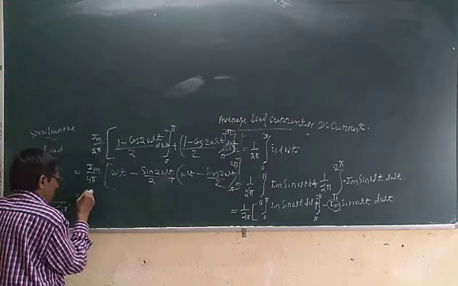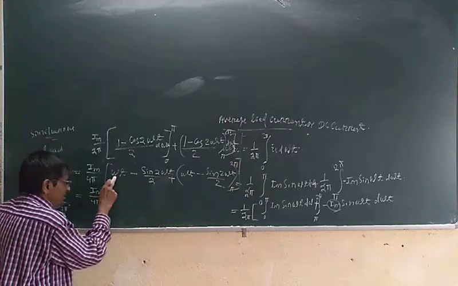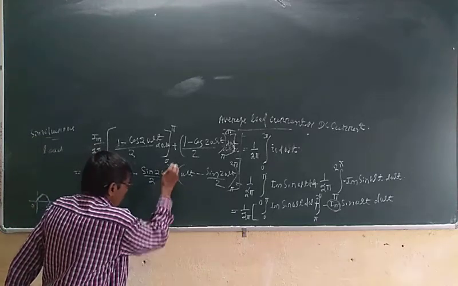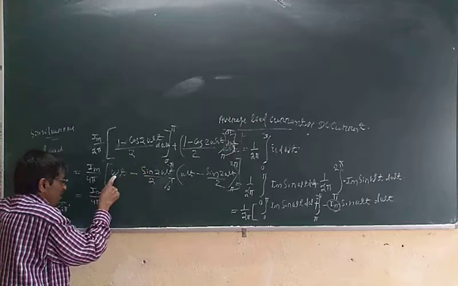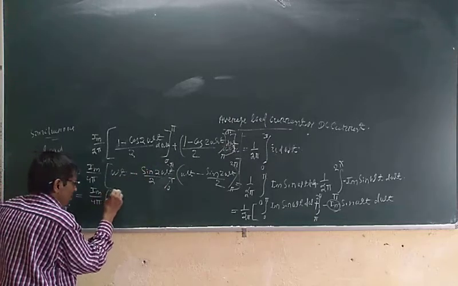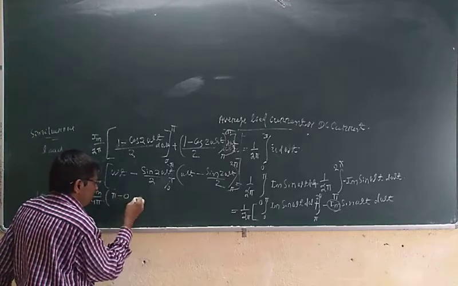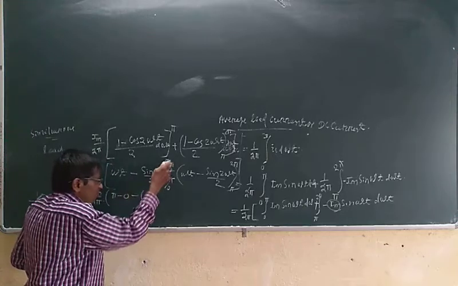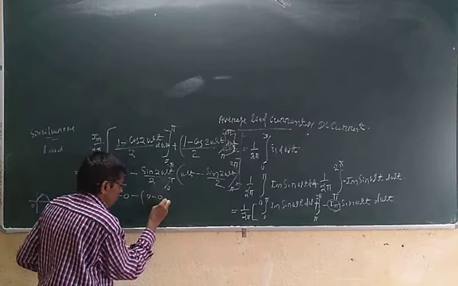Now again, this is Im by 4 pi. This is the higher value of 0 to pi, the limiting value. Now pi minus 0 minus sin 2 pi. Sin 2 pi means 0, minus 0.